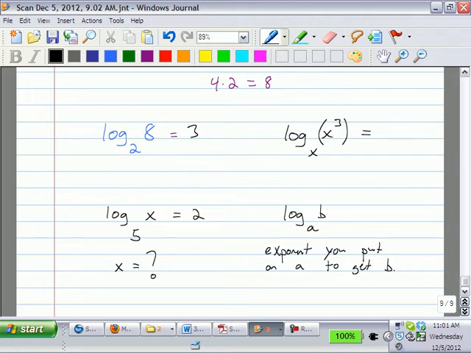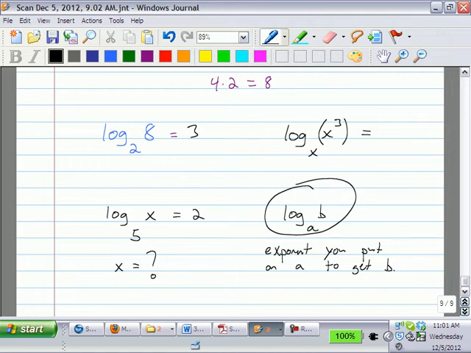Well, when we didn't put a number underneath it, what base were we working with? 10? Yeah. So I don't always have to work in base 10.